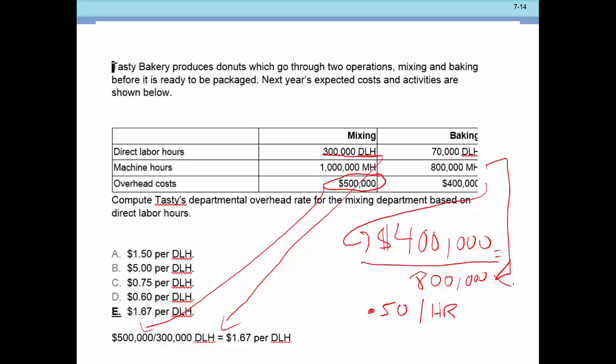We're not on this factory floor looking at what they're doing. But I'm picturing that a guy's having to sit there and handle the mixer and make sure it's set up right so that we don't get lumps in the dough or whatever. He's handling that whole thing while it's mixing, right? So this bakery makes a determination that direct labor hours is the driver there.